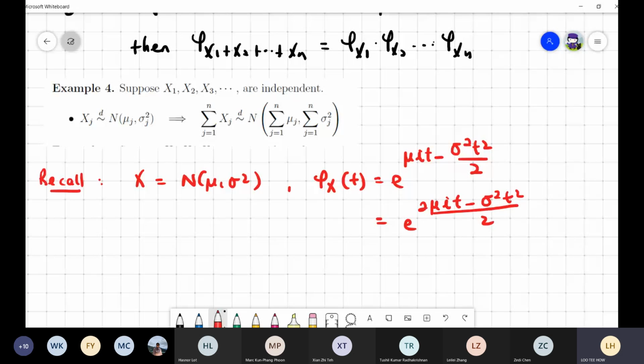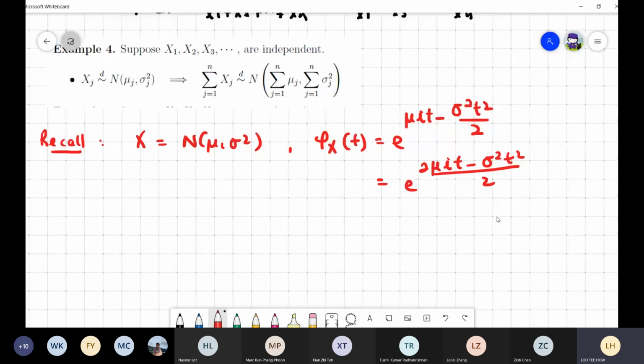In this case, we want to prove this. In this question, we want to show the characteristic function of the summation of all the xj follows this pattern. You just need to look at these two parameters here.